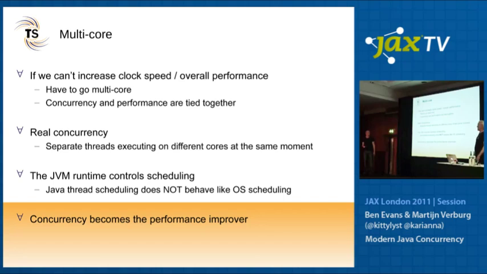What this means is you end up with separate threads executing on separate cores at the same moment in time. But notice that the thread scheduling of the JVM and how it handles Java threads doesn't look like OS scheduling. Hands up if you're an Ubuntu user or another desktop Linux user? Good, awesome numbers.